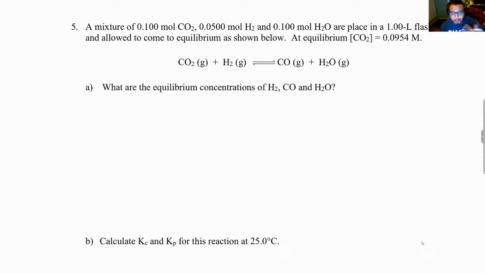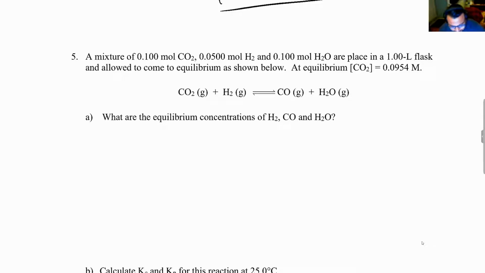So first, part A. We're going to do part A and B in this problem. And the first one is asking us to solve for the equilibrium concentrations of H2, CO, and H2O. So notice that any time you're given a mixture that is placed in a flask, these are all initial conditions, right?